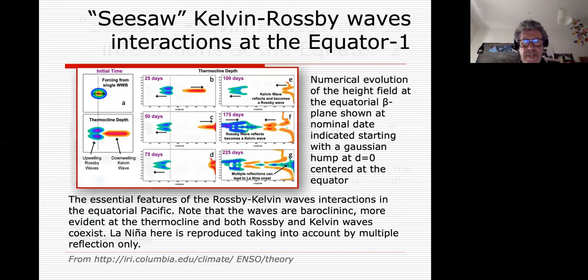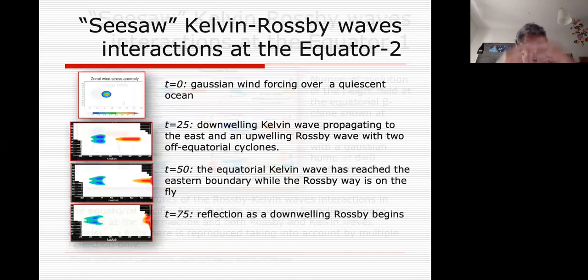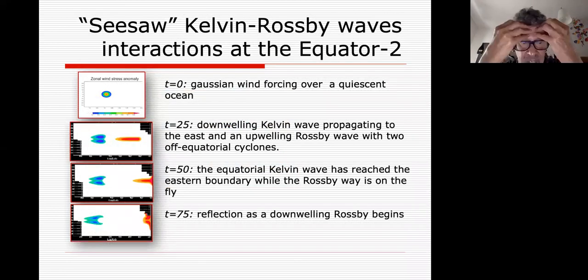Let's look at the evolution of this Kelvin-Rossby wave interaction.